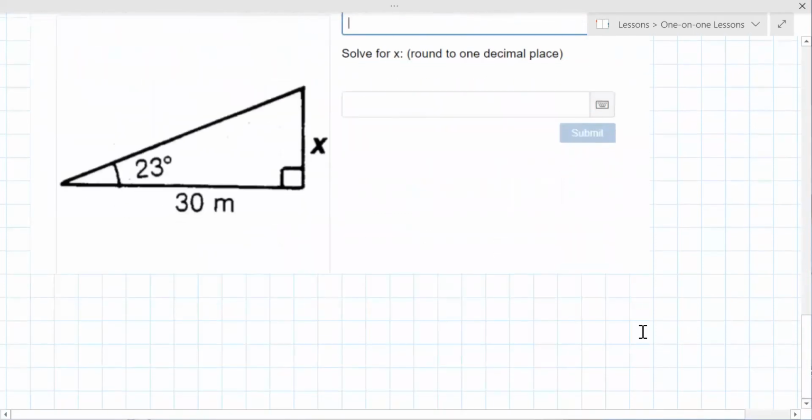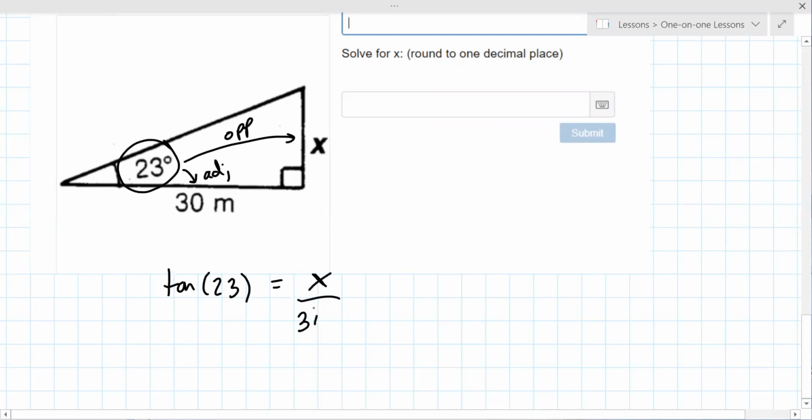So you're given this angle right here, x is opposite, it's across, and then 30 is adjacent. Which trig function uses the opposite and adjacent? Tangent. So tangent of 23 degrees equals the opposite, which is x, over the adjacent, which is 30.